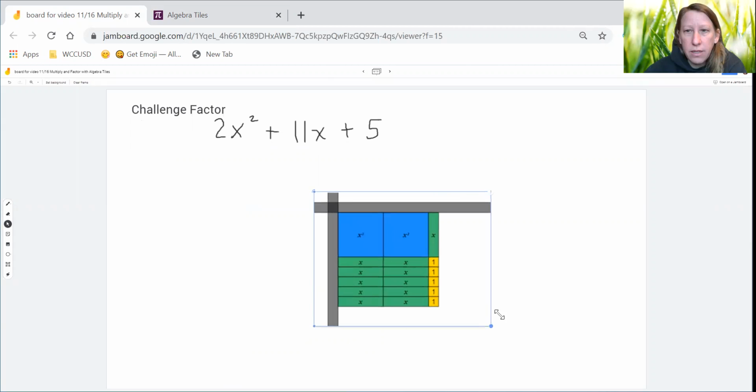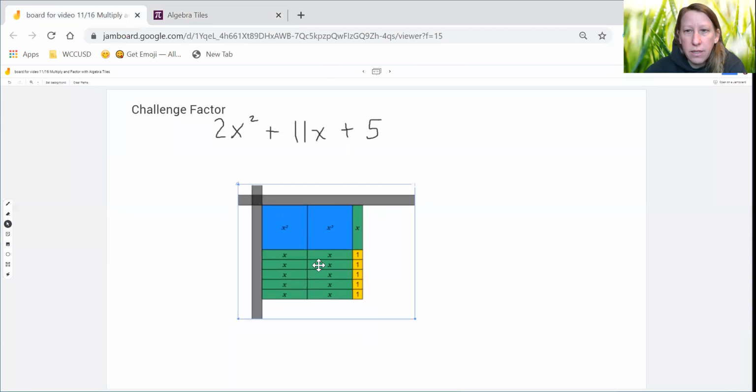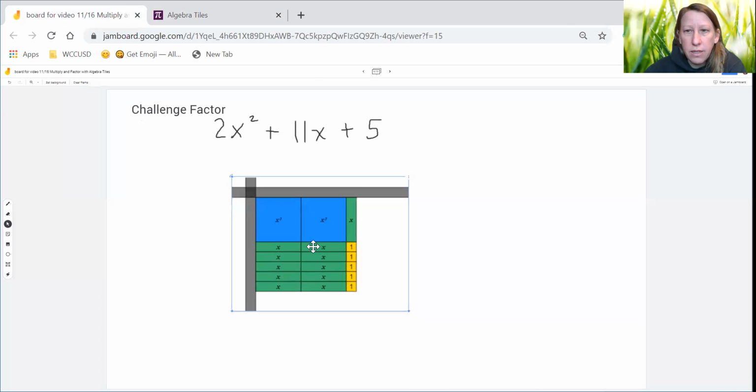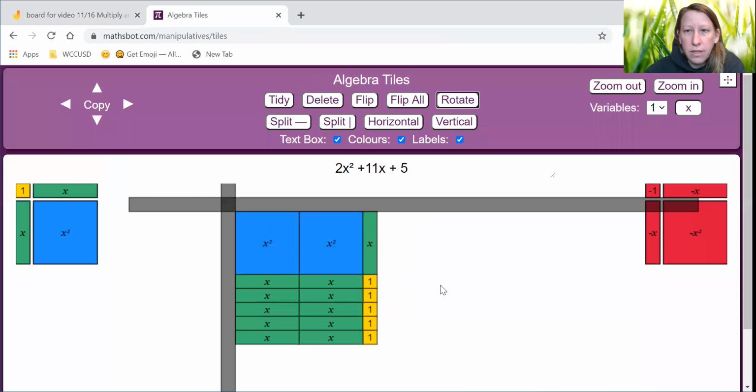Okay, I had 2x squared and 5x and 5, and I made a mistake, but I fixed it by changing the problem. You can see the 2 big x squareds, you can see all 11 x's, and you can see the 5 as the constant. And then what are the sides of this rectangle? Well, these all have x in common. These have a 1 in common, and I'm going to copy those straight down.